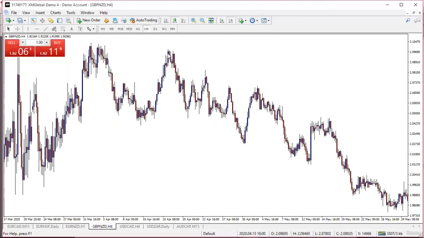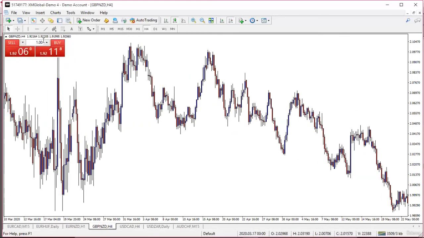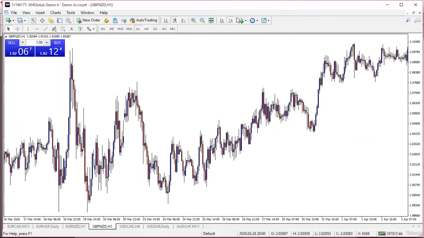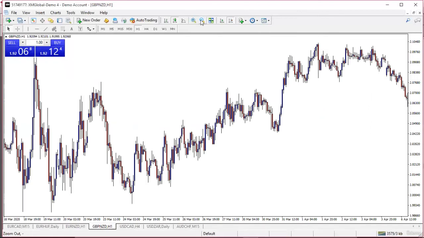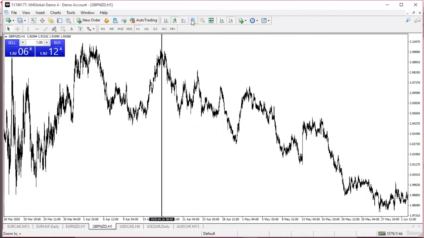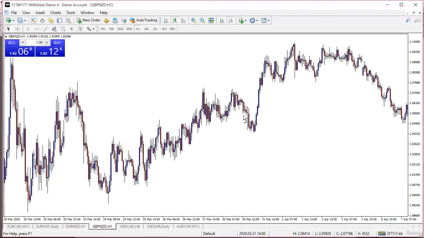This maybe is a double top, a good double top on H1. I'm sure. Show on a smaller time frame. Yeah, it is.